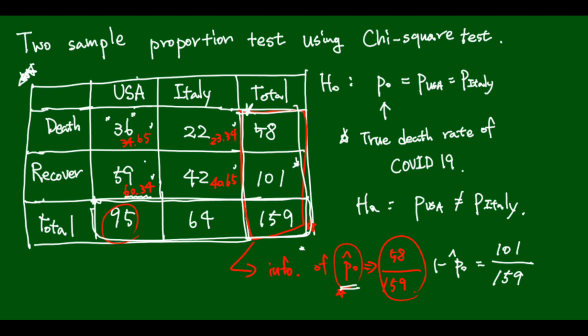If the country variable does not affect the death rate of COVID-19, we are expecting these white numbers, the actual observations, and the red numbers, the expected counts, to become really similar. So if the difference between these two numbers is big, that could be a reason that we can reject the null hypothesis, which is that the death rate of COVID-19 in USA and the death rate of COVID-19 in Italy are the same.